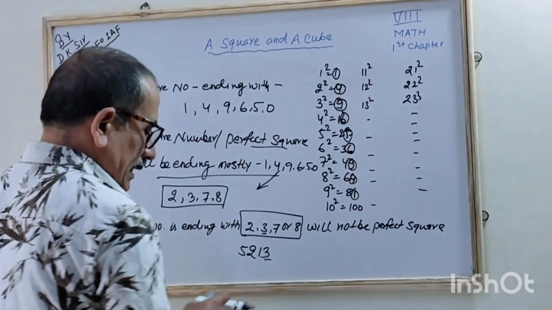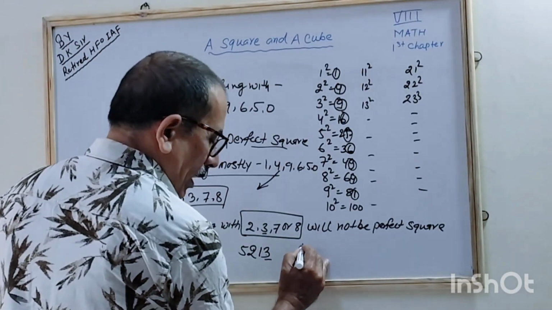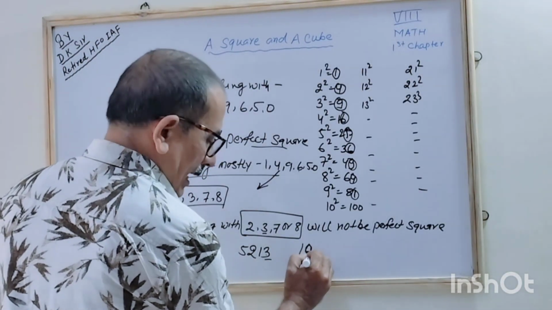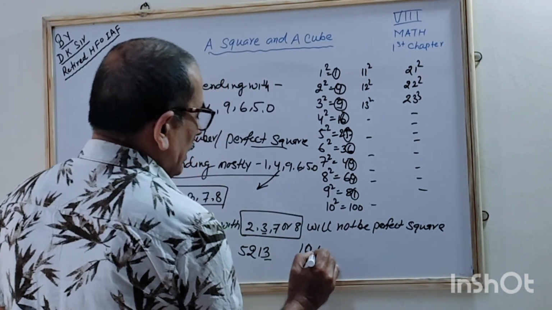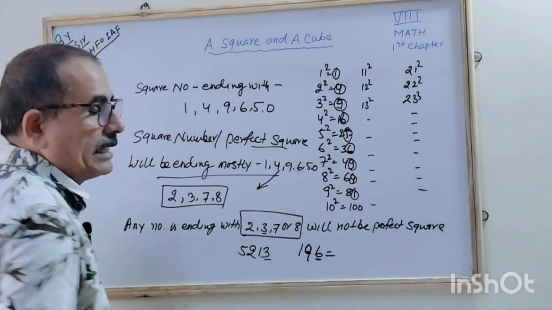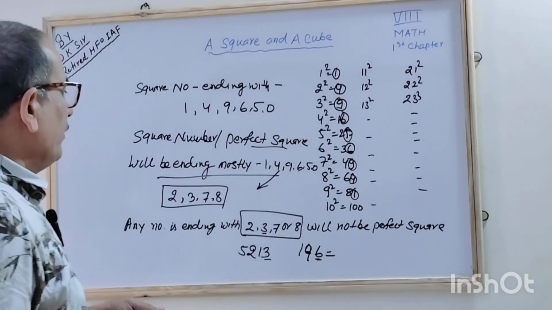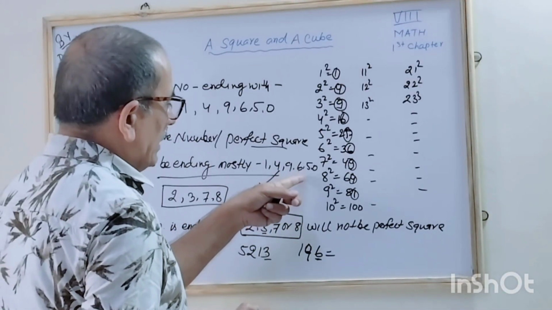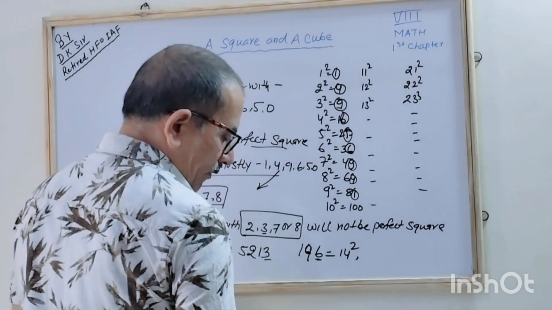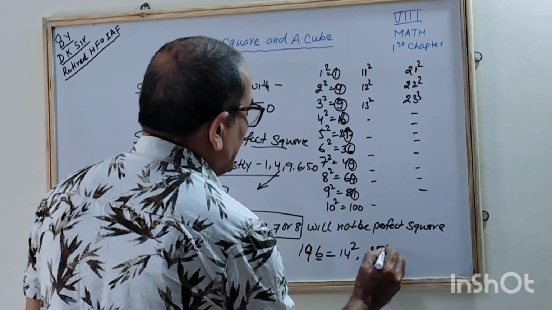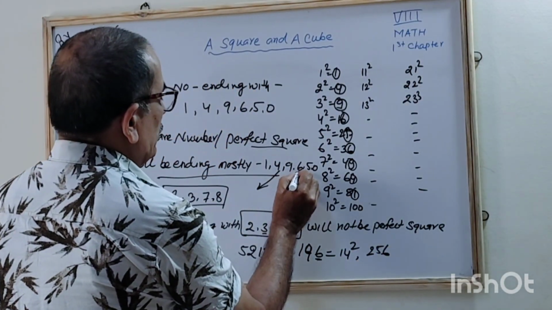You can see many examples, like 196, which is ending with 6, so you will find that it is a perfect square. Another is 256, can you see the 6 is here.